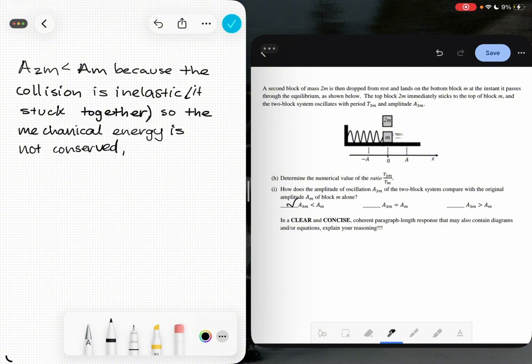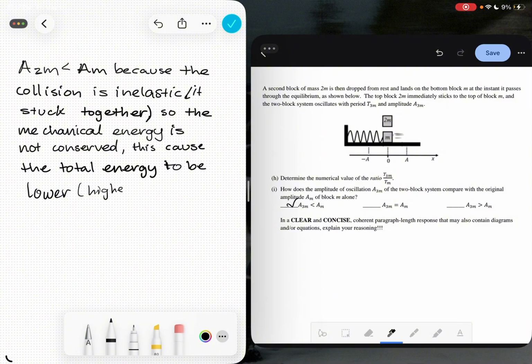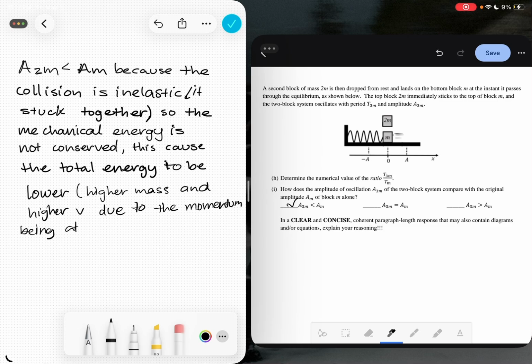And this caused the total energy to be lower, higher mass, and higher V due to the momentum being at equilibrium.